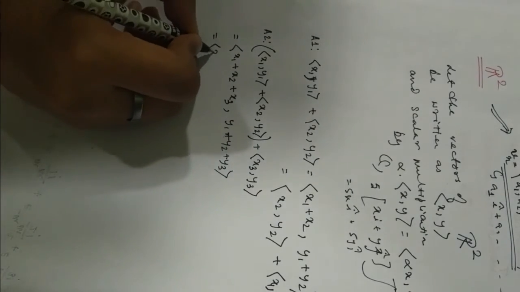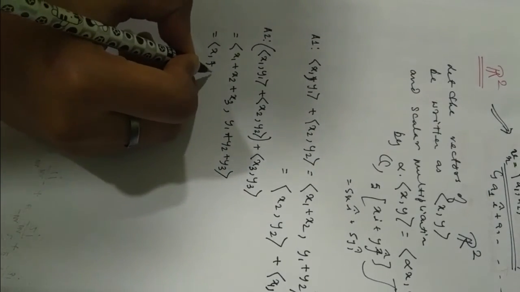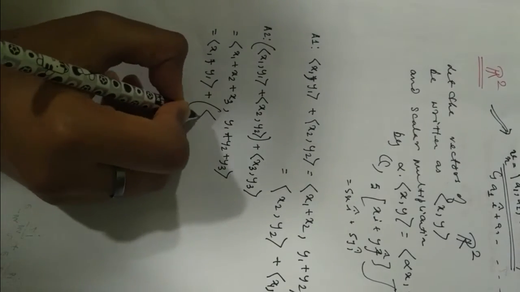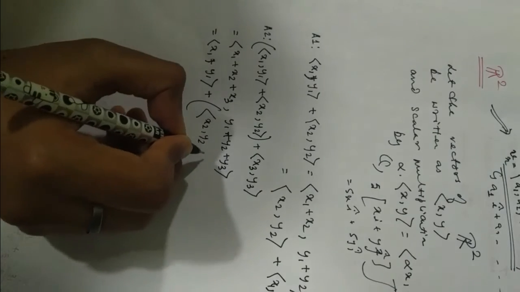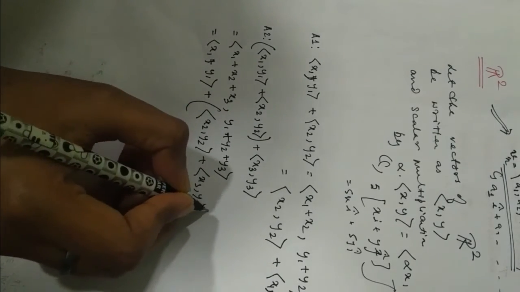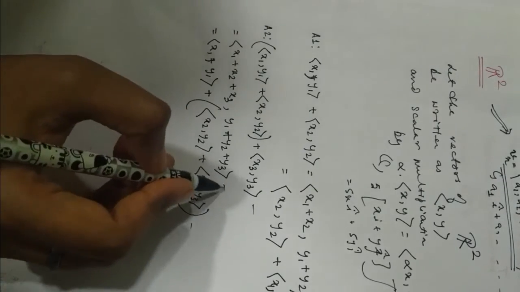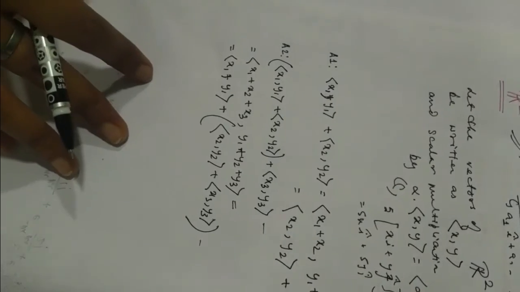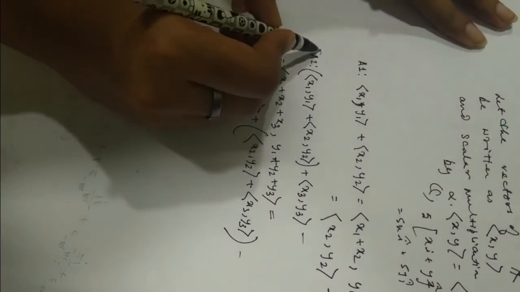It is nothing but ((x1, y1) plus (x2, y2)) plus (x3, y3), right? We write it this way or that way, this is the result we will get. So obviously the vectors in two-dimensional space are associative.